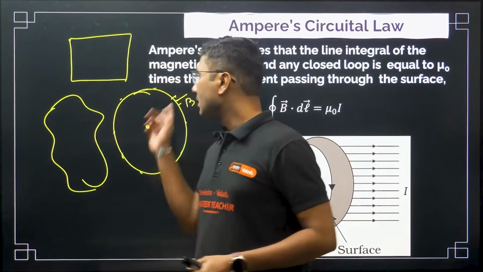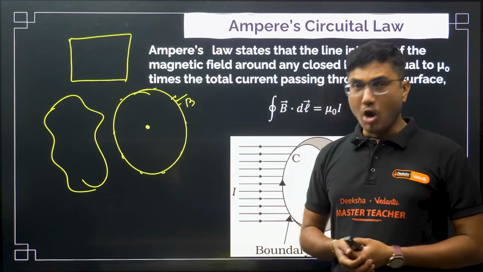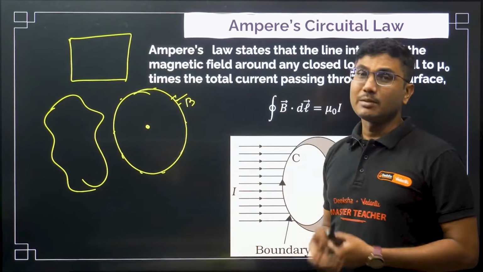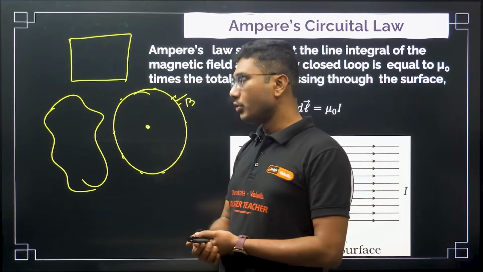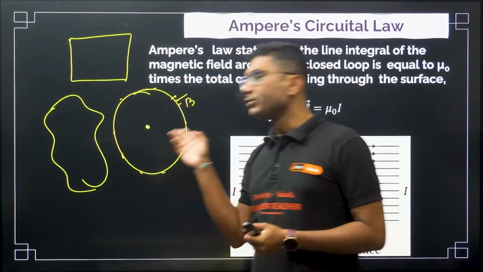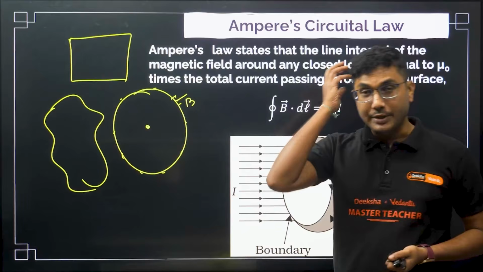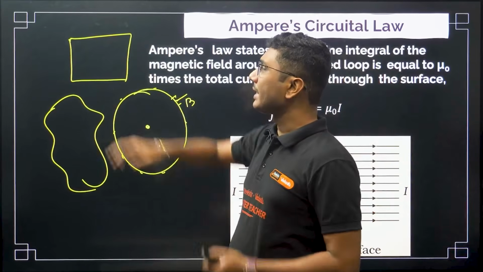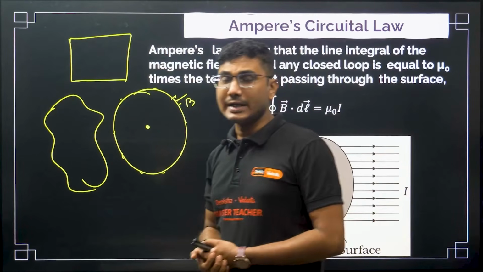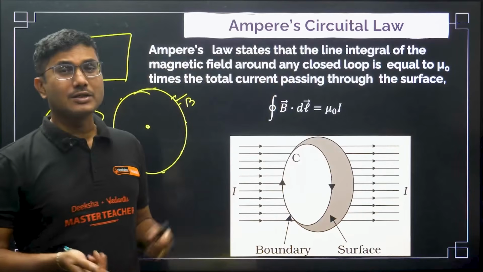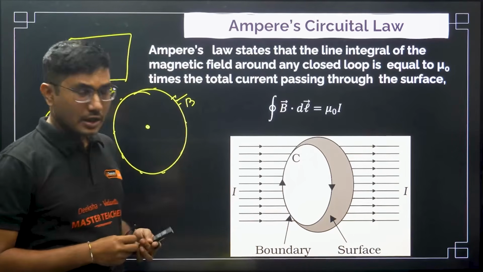For example, the circle is the most common case, where the circle is the most symmetrical two-dimensional object. So you can use a circular Amperian loop as much as possible. In certain cases, we can use a rectangular loop as well. For example, in case of solenoid, we use a rectangular loop.